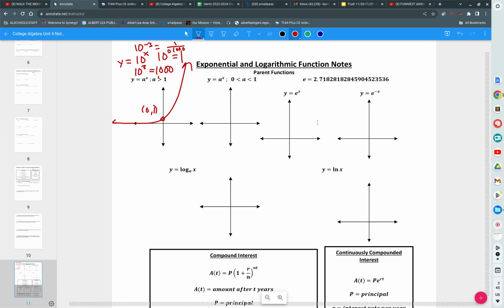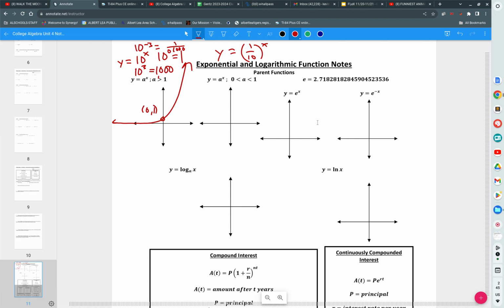Okay, so that's the shape that it has. Now here's what happens. If instead of y equals 10 to the x, we have y equals (1/10) to the x power, now that's different. If you put in a positive number, like (1/10) to the 3rd power, is that going to make it bigger or smaller? Smaller.